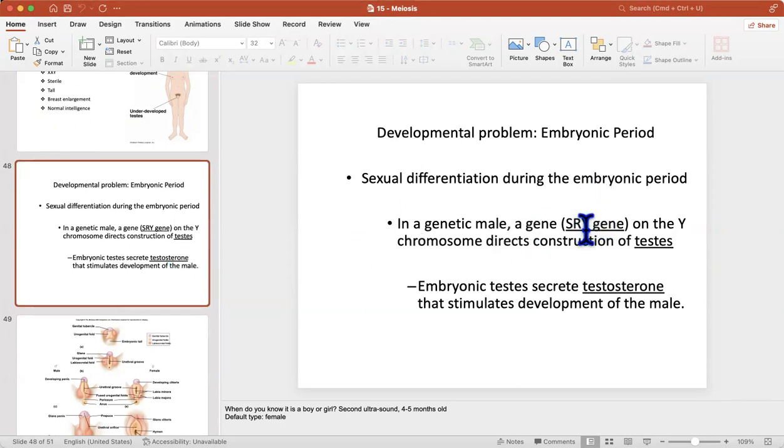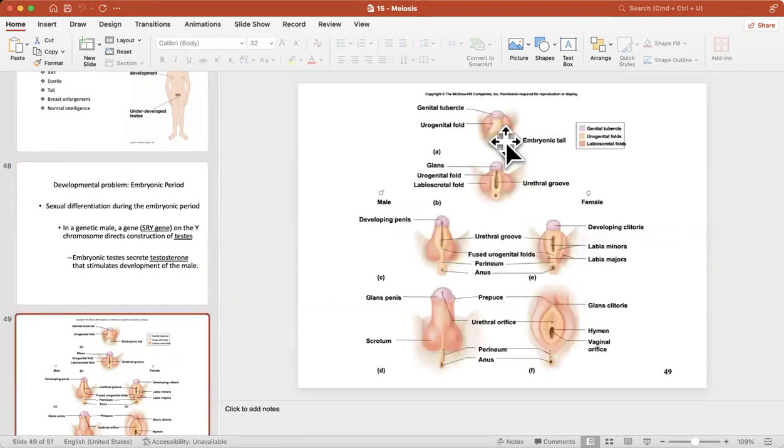This gene will trigger the development of testes. The reason is these genes will make testosterone release, the male sex hormone. So during embryo development, if you have testosterone, it will develop into male. If you don't have anything, it will develop into female. That's the default type.